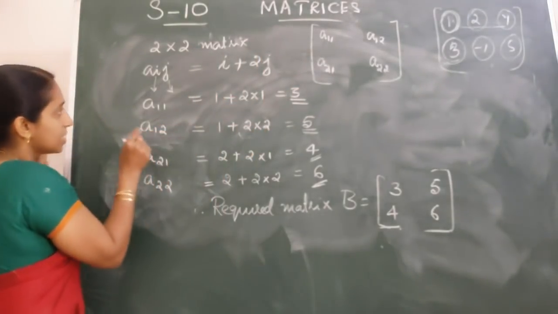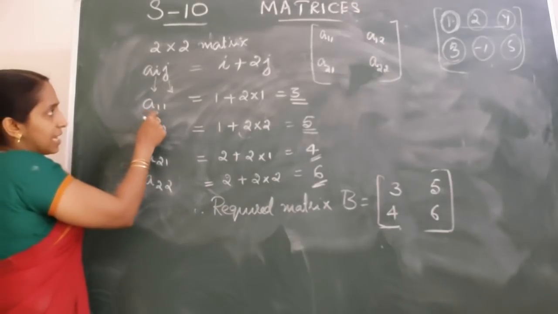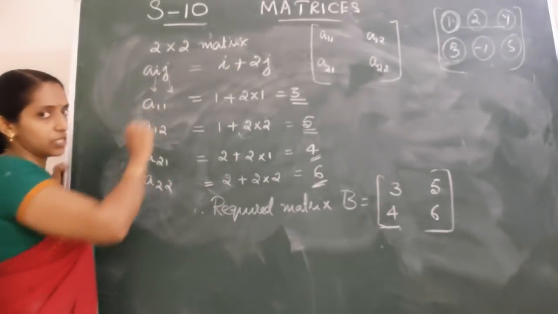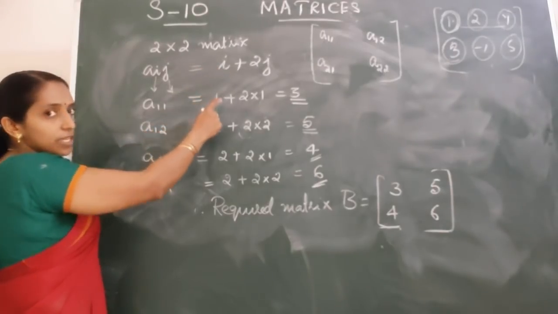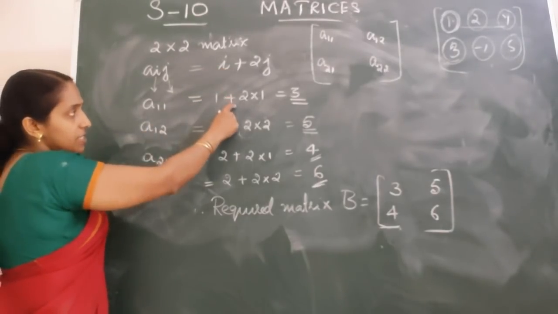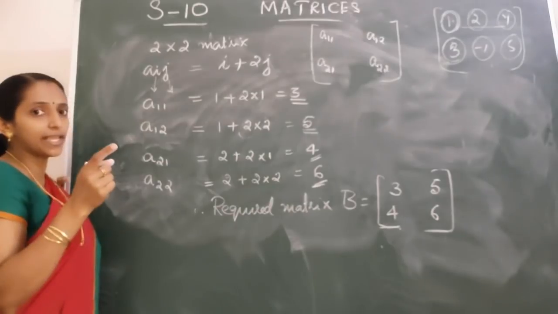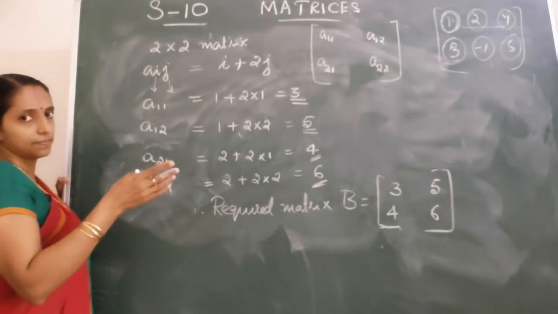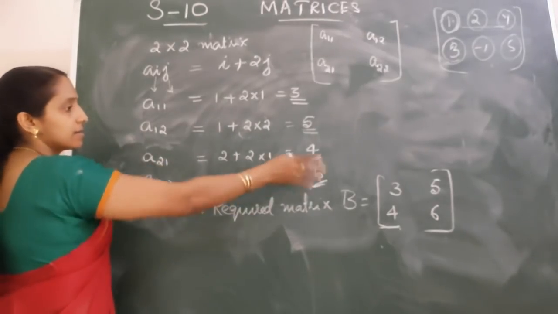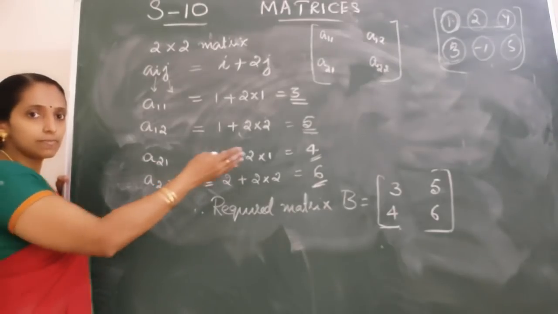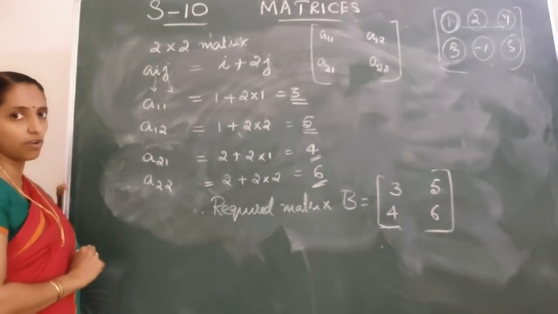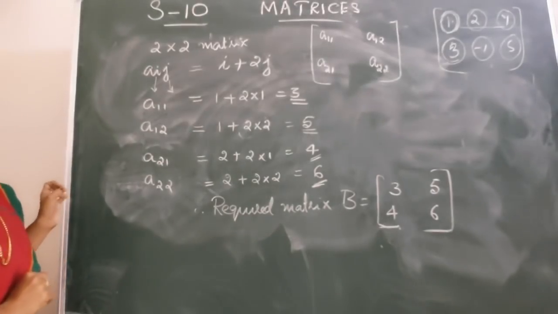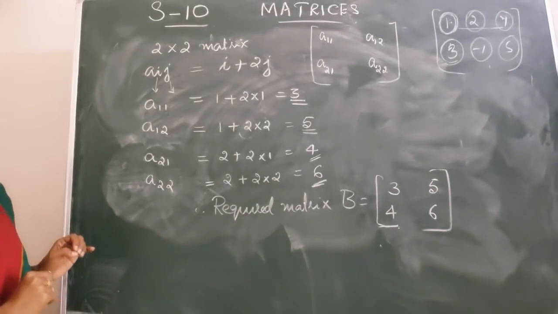After constructing, you will take out all the elements according to the given condition, that means substituting the values of I and J. Okay. Then finally you can construct the required matrix. That is construction of matrix. Hope it is clear.